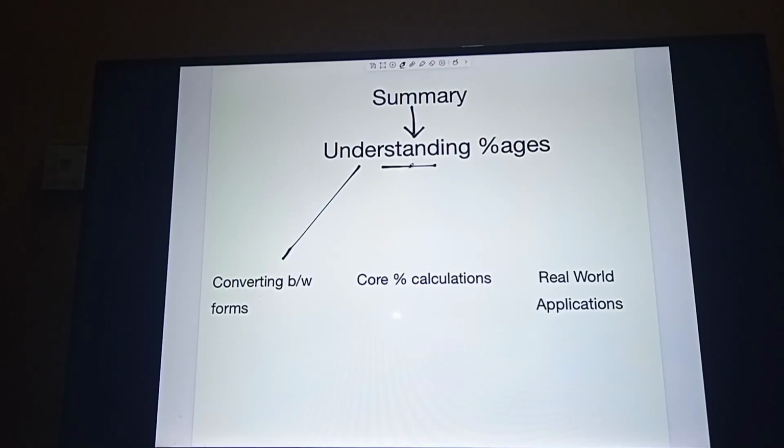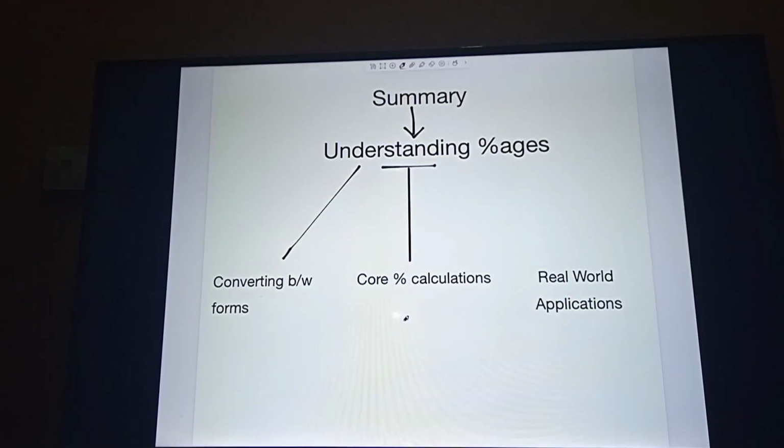Then we learned some core calculations, that is percentage calculation formulas. We learned about finding the percentage of a number, finding what percentage one number is of another, and then finding the whole when a part and its percentage are given. And then we also talked about percentage increase and decrease.